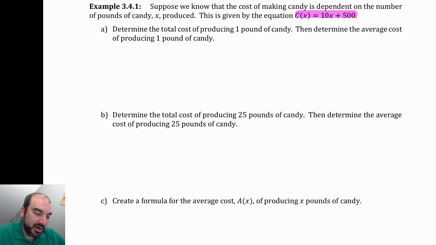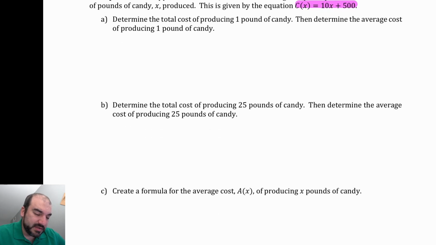So if we look at part B here, it says determine the total cost of producing 25 pounds of candy. So that first part there is just C of 25, right? Which we know is just 10 times 25 plus 500, which is 250 plus 500, which is 750.